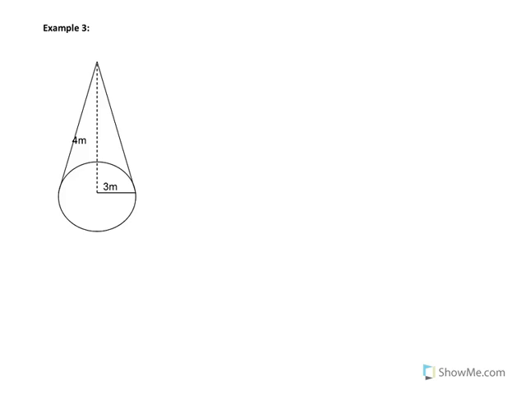Alright, our last example is a cone. So a cone has the surface area formula of pi r squared, which gives us the circle on the bottom, plus pi r slant.